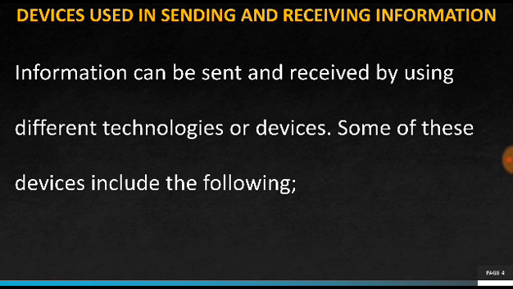All these devices are what we refer to as communication tools. They are used to communicate, or to send and receive information. So we have different technologies or devices that can be used to send and receive information. Let's have a look at some examples of these devices.